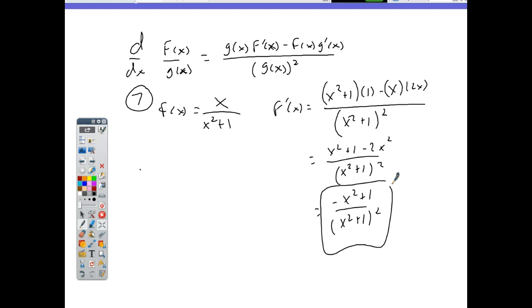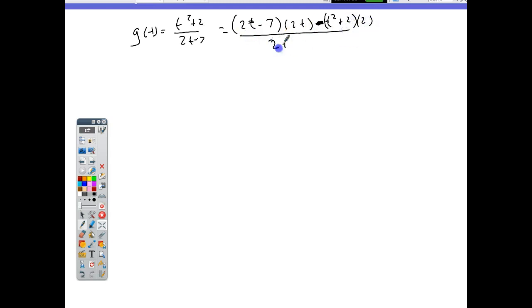All right, blow through the ones on the bottom. Now we just need to press. Minus 7. So that would be 2t minus 7 times 2t, equals, sorry, minus t squared plus 2 times 2 all over 2t minus 7 squared.